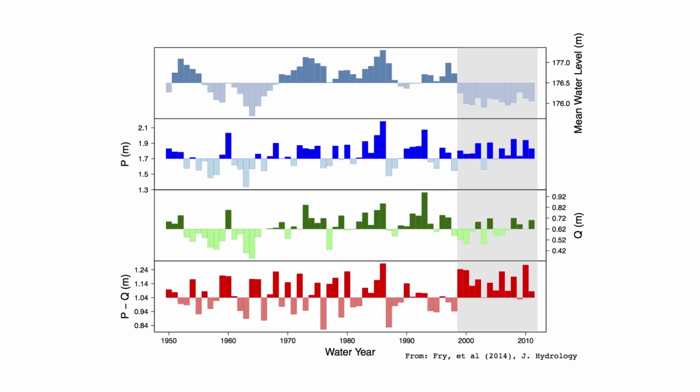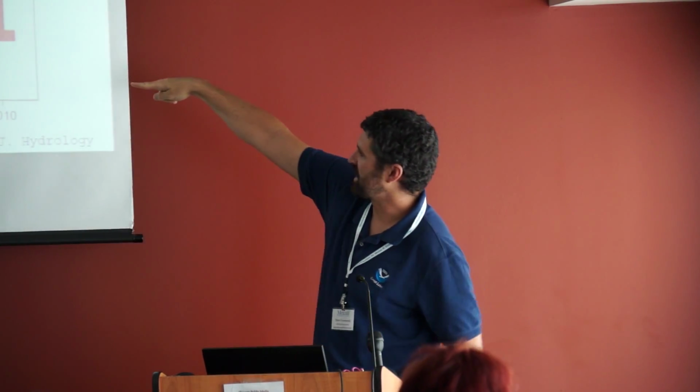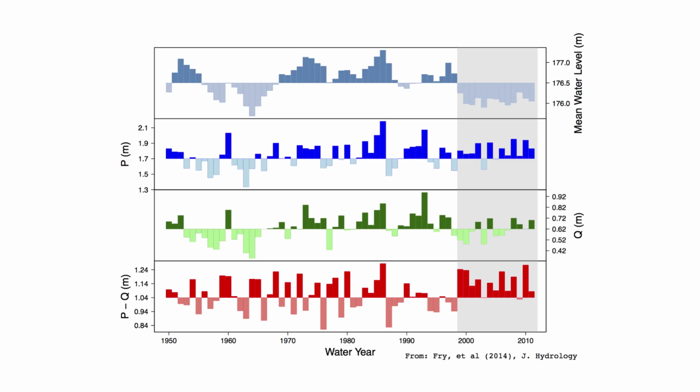So the big question is, what is the relationship between the amount of water that has fallen on the watershed of Lake Michigan and the amount of water that's flowed into Lake Michigan of that? And the last line answers that question, which is precipitation minus flow, and you can see that for the past 15 years, we've had a significant trend where a lot less water has been flowing into the lake coming out of precipitation.